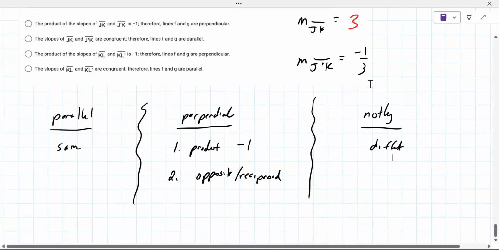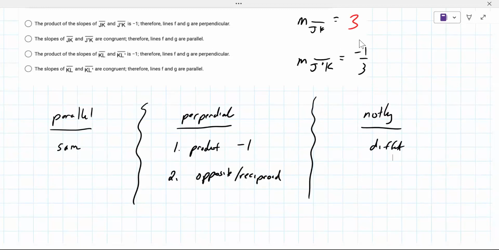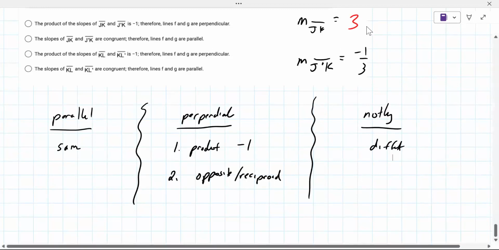Okay. So are these slopes the same? Those slopes are not the same. So they're either perpendicular or they're nothing. Are they perpendicular? They are perpendicular because their product is -1.